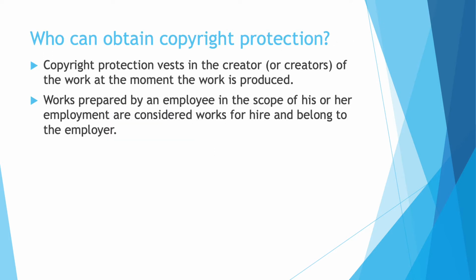So who gets copyright protection? Copyright protection vests in the creator or creators of the work at the moment the work is produced. If you are preparing work in the scope of your employment, for example, for pay, the employer may have the copyright because it would be considered a work for hire.